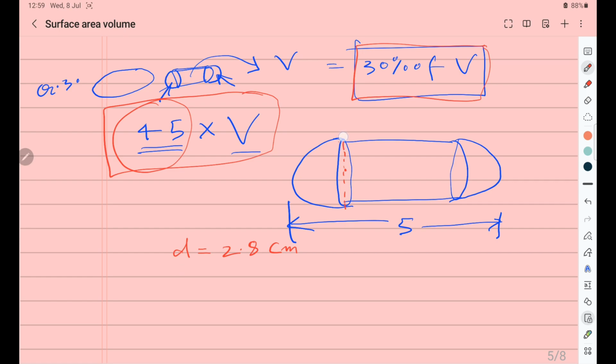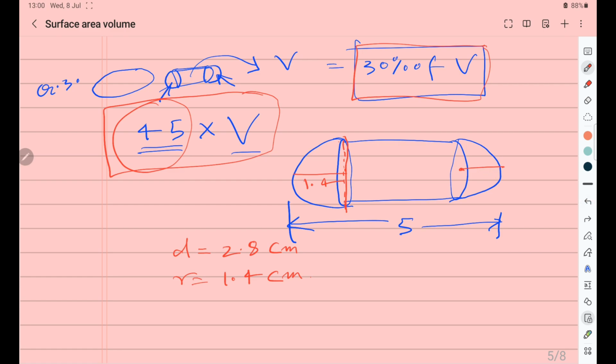So if the diameter is 2.8, then the radius will be 1.4 centimeter. Okay, and then this will also be 1.4, and this will also be 1.4. So what will be the length of this cylinder then?